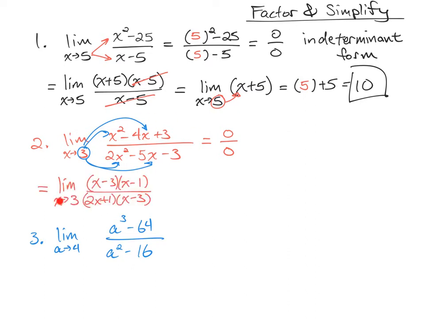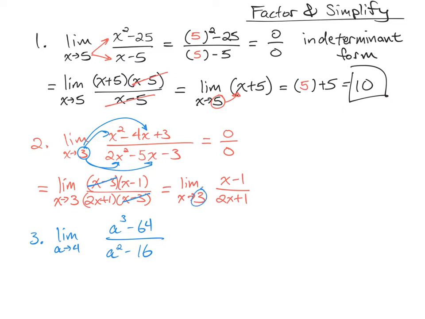The limit as x approaches 3 of x minus 3 times x plus 1, minus 1 in the numerator, and 2x plus 1 times x minus 3 in the denominator. And down here in this fraction, the x minus 3's reduce away. And since we have not made the direct substitution yet, we will write the limit as x approaches 3 of x minus 1 over 2x plus 1.